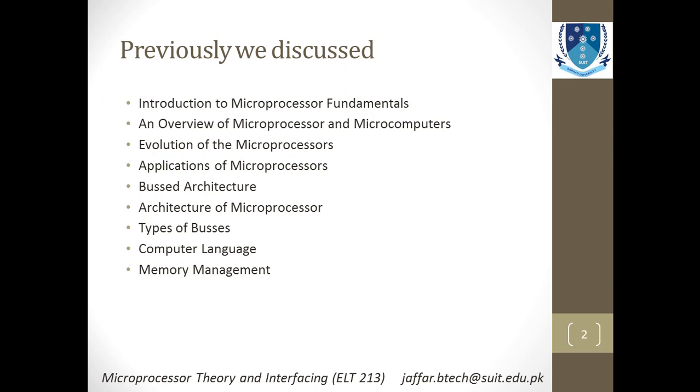After that, we learned about the architecture of the microprocessor, specifically for 8086 and 8085A, but we focused on 8086 in the last lecture. Then we learned about different types of buses and computer language, and in the last we did a detailed discussion on memory management.